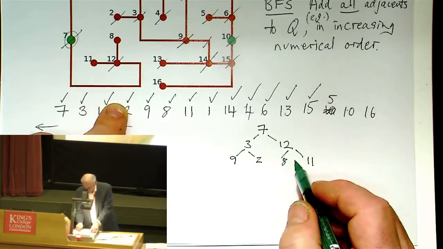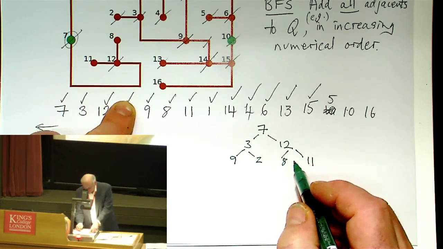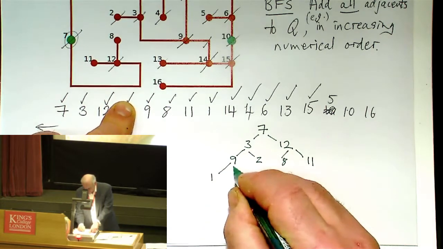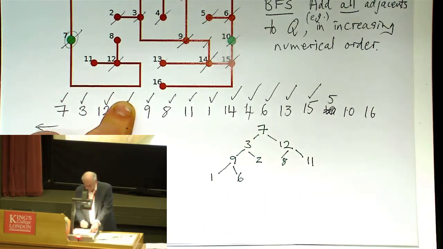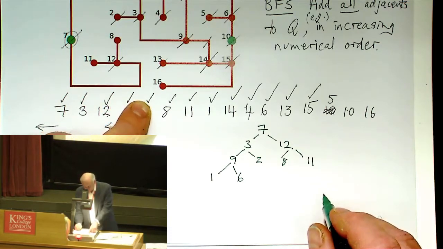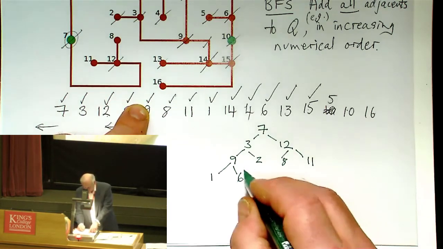And then the 2 was adjacent to nothing. The 9 was adjacent to 1 and 6. No, that's rubbish. The 9 was adjacent to 1 only.